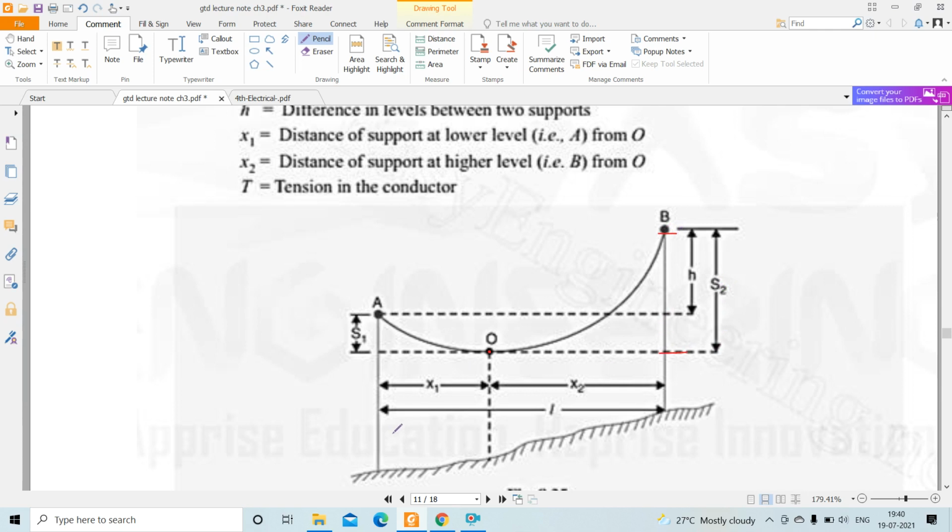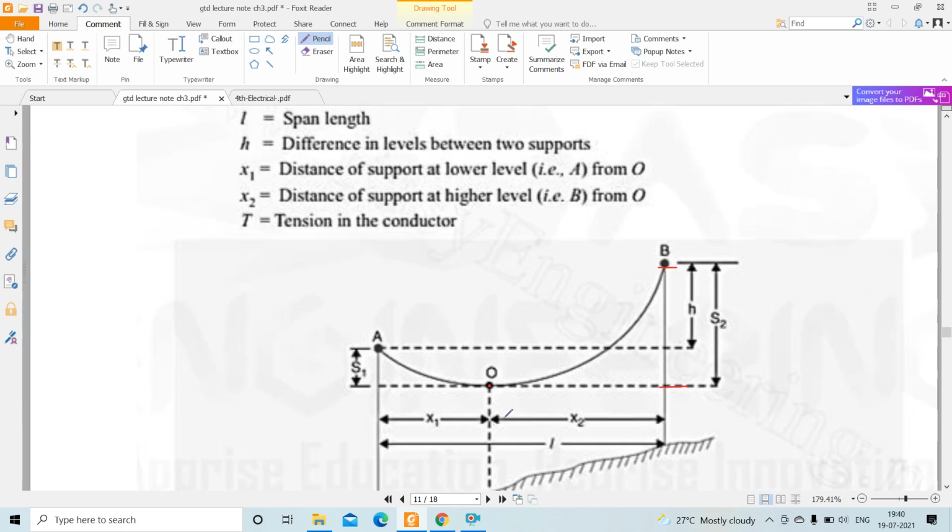And here L is the span length shown over here. Then this is the sag S1, then sag S2.